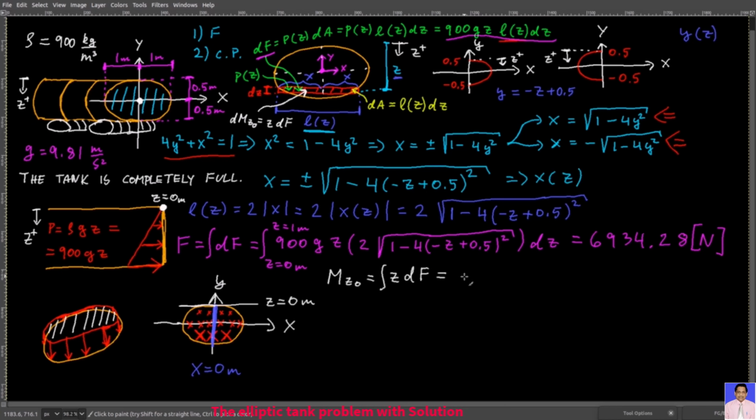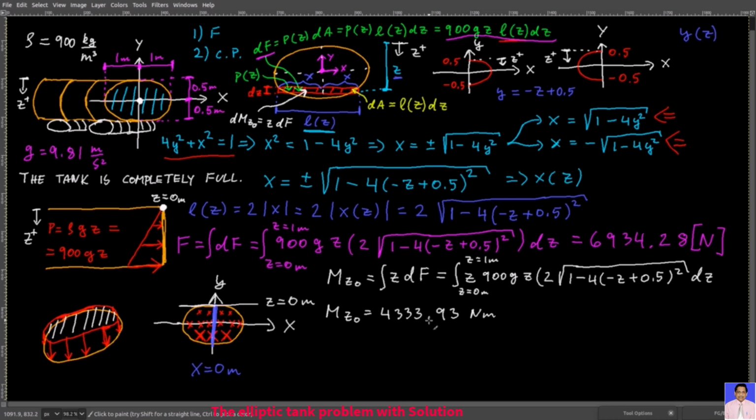That will give you the integral from Z equals 0 meters till Z equals 1 meter, and then you have Z times, and now instead of df, you have all this, and if you evaluate this integral, then you will have this result, 4333.93 Newton meters. Again, I used Wolfram Alpha online integral calculator for that.